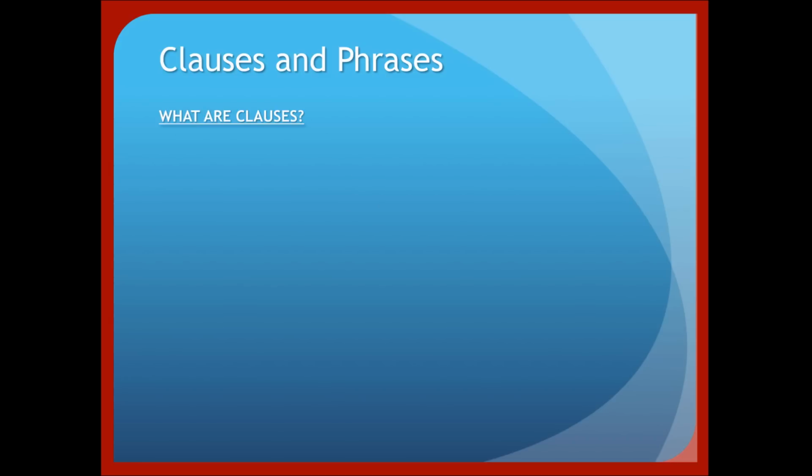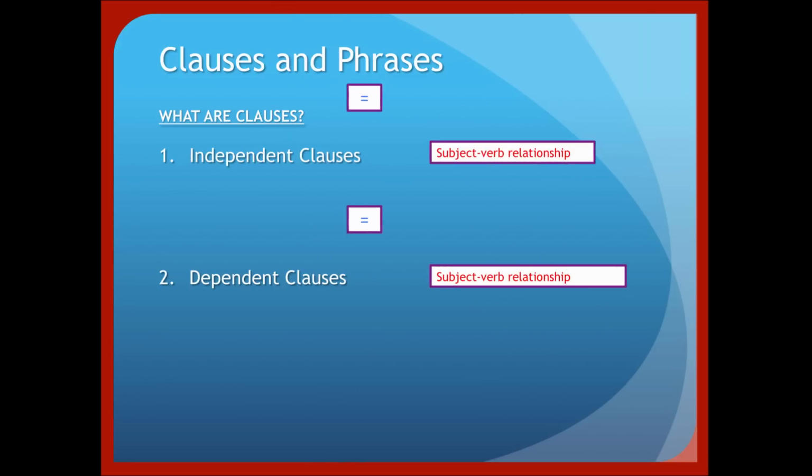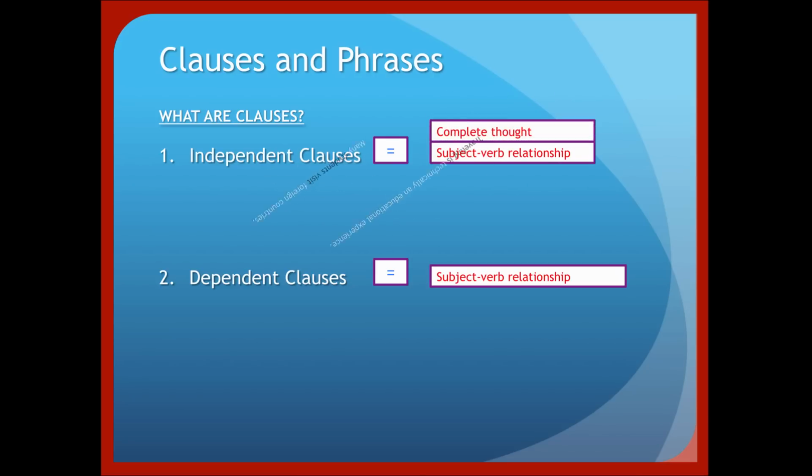So what are clauses? There are two types of clauses, independent and dependent. Both clauses have subjects and verbs with a subject-verb relationship, but only the independent clause expresses a complete thought.